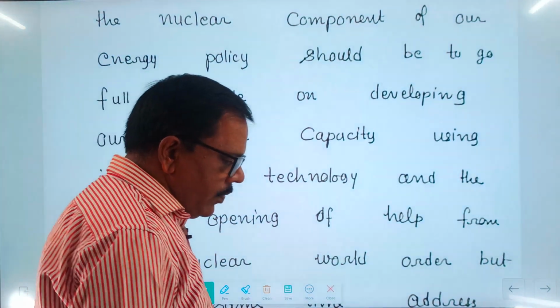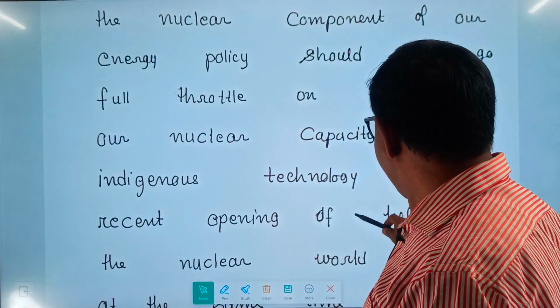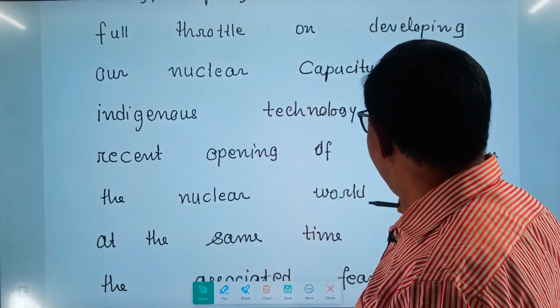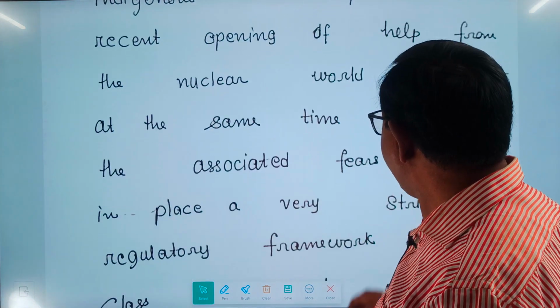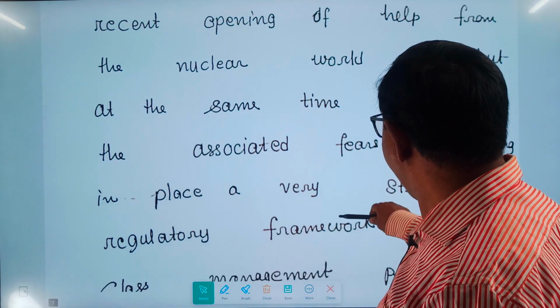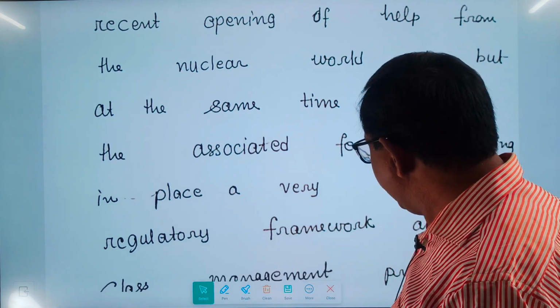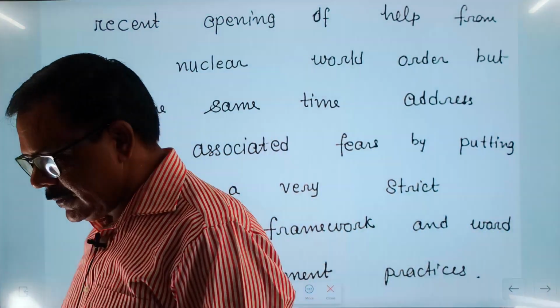This is a main fact, that we have to apply indigenous technologies, and the recent opening up of the nuclear world order, while at the same time addressing the associated fears by putting in place a very strict regulatory framework and waste management practices.